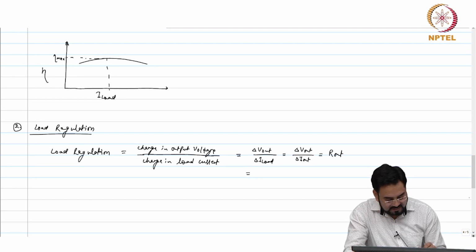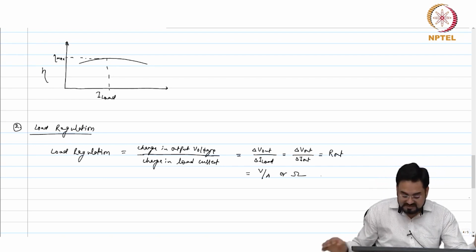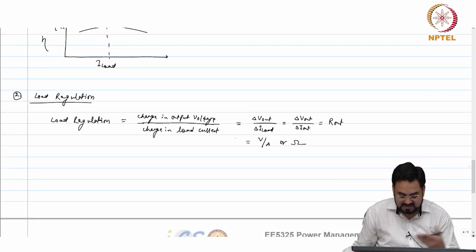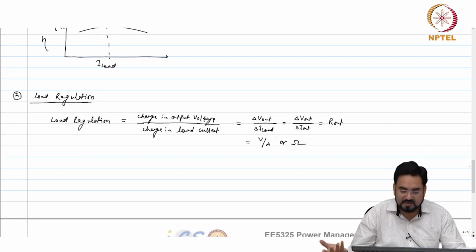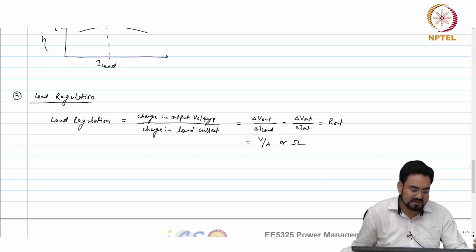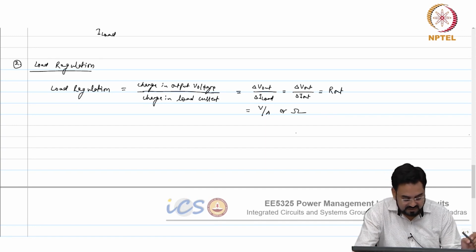You can say it is volt per amp or ohms. In most of the cases, because it is of the order of millivolts, we say millivolt per amp or something, that is how we define load regulation.